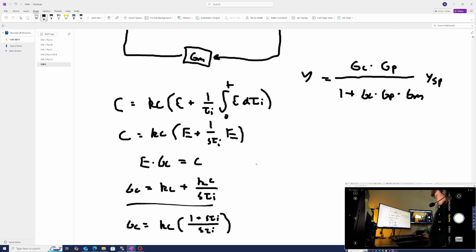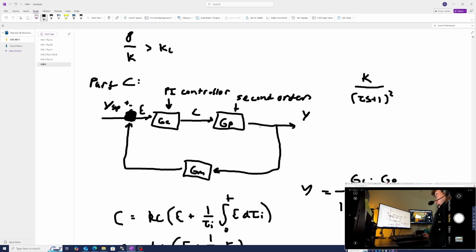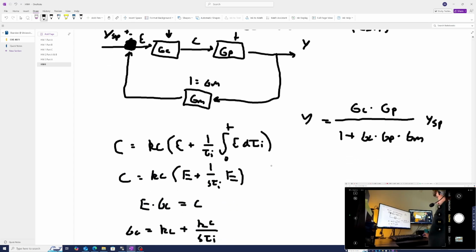And now we can start plugging in our GCs, our GPs, and our GM, which is measurement. In this case, our GM is just equal to 1.